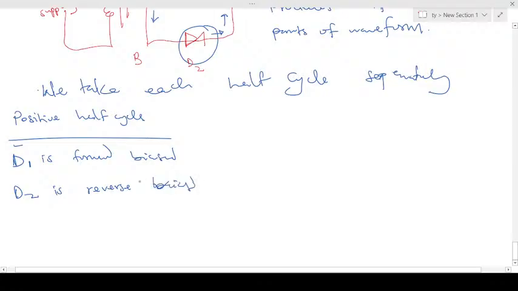Now let's go back to the diagram and see how that affects the flow of current.